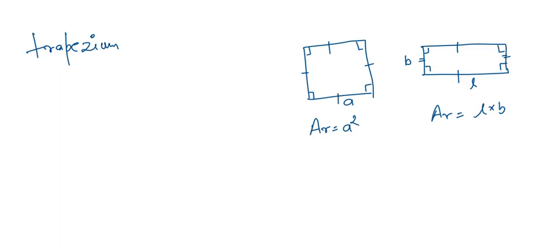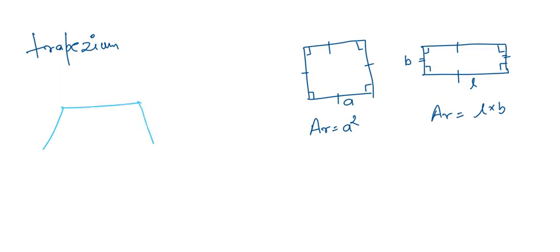We have already understood this concept in our previous lectures. So here we will be learning about some properties of the trapezium and how we determine the area of a trapezium. So let's see what the trapezium figure looks like.